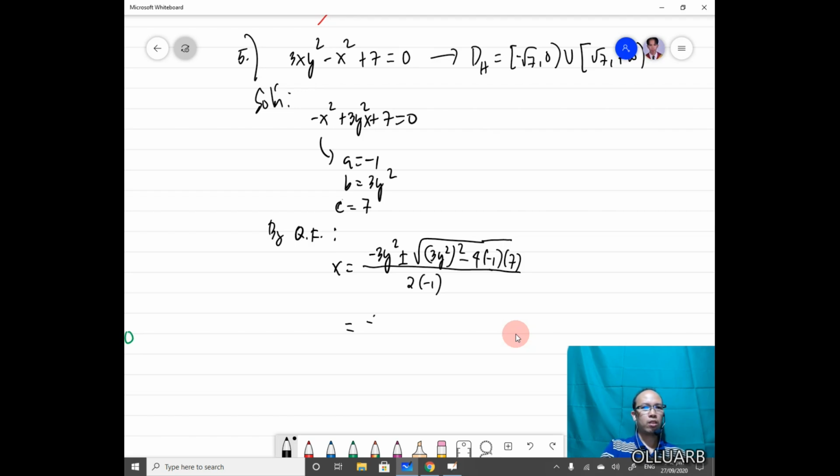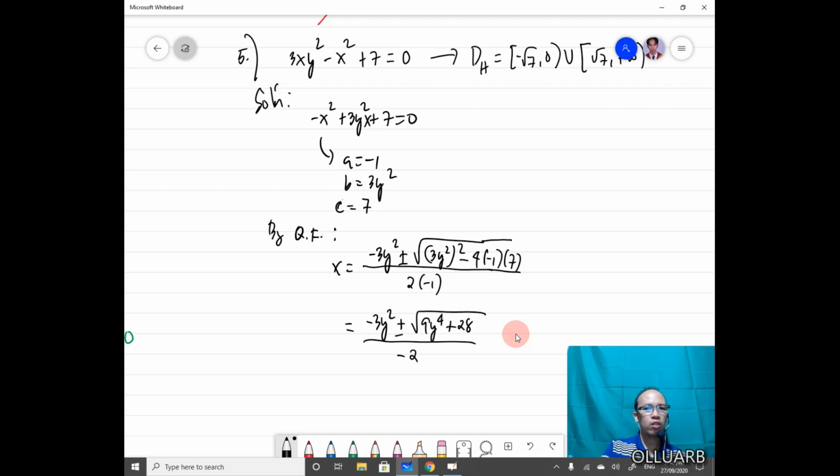So we have negative 3y squared plus or minus the square root of 9y to the 4 plus 28, over negative 2.